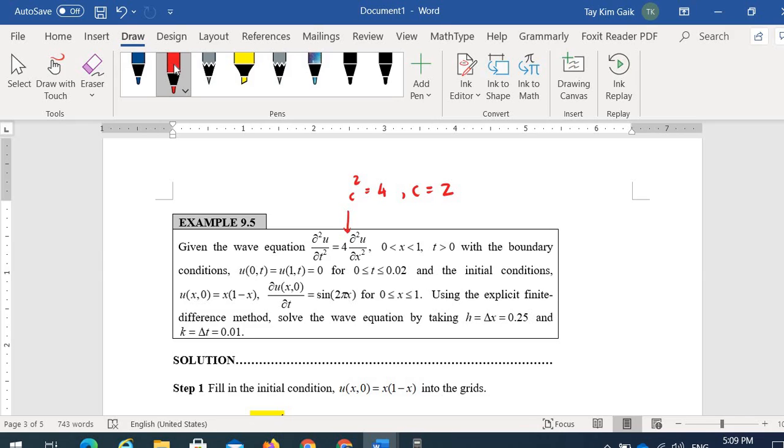Using the explicit finite difference method, solve the wave equation by taking h, which is delta x, equal to 0.25 and k, which is delta t, equal to 0.01.